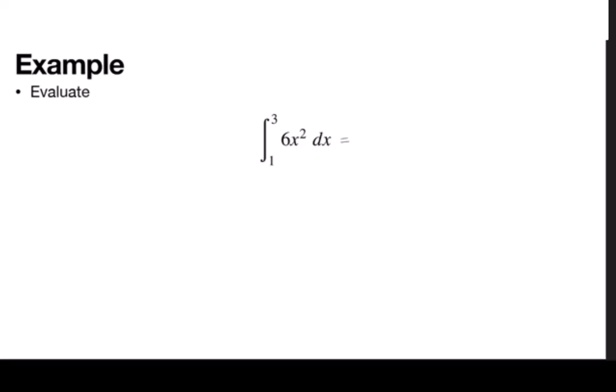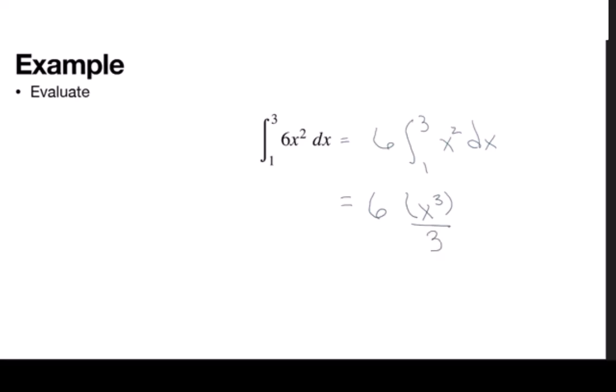This is equal to 6 times the integral from 1 to 3 of x squared dx. This is equal to 6 times x to the n plus 1, which is x to the third over n plus 1.